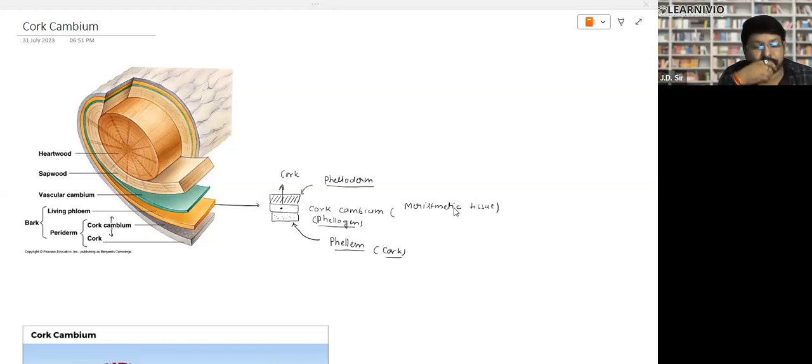Next point. Phellogen divides on both sides by periclinal division.